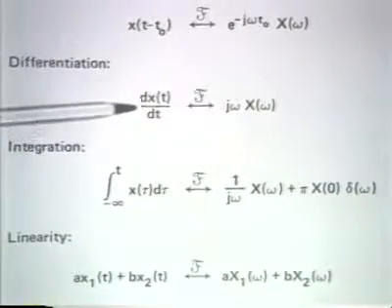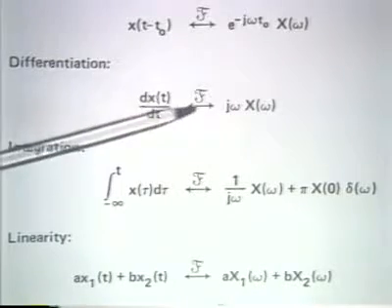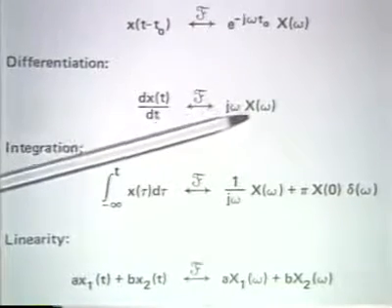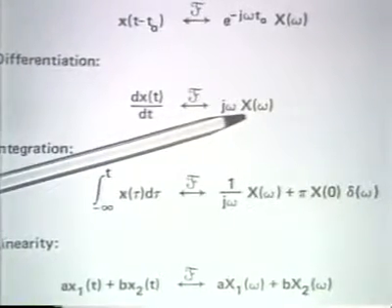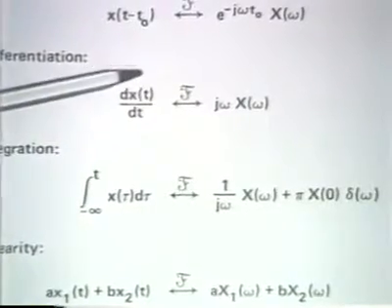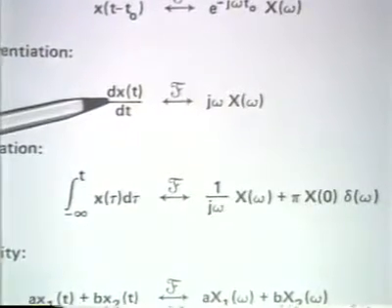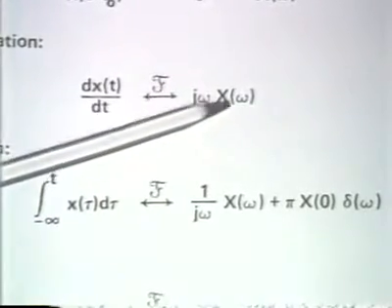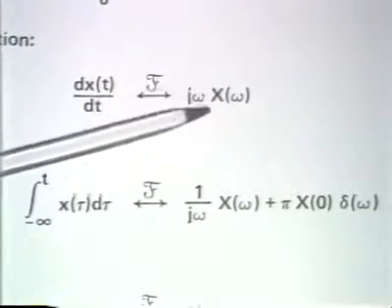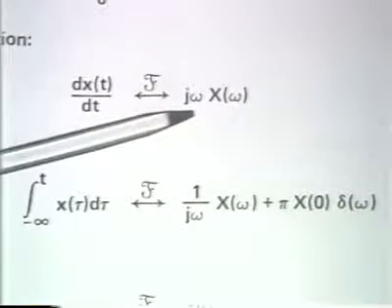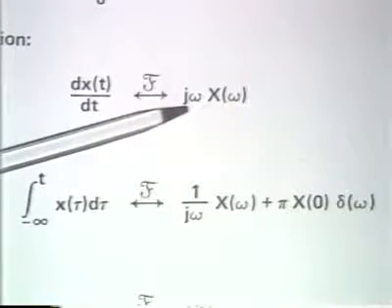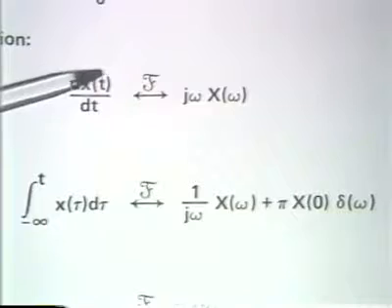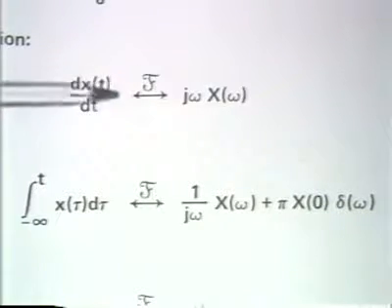The differentiation property says, again, if we have a time function with Fourier transform X of omega, the Fourier transform of the time derivative of that corresponds to multiplying the Fourier transform by a linear function of frequency. So here it's a linear amplitude change that corresponds to differentiation.